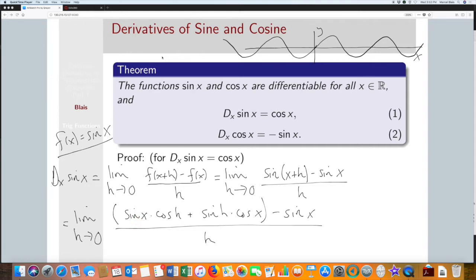So we will have the limit as h goes to 0 of the terms that have sine of x: we have a cosine of h term, and then just sine of x times minus 1, and we still have this h in the denominator.